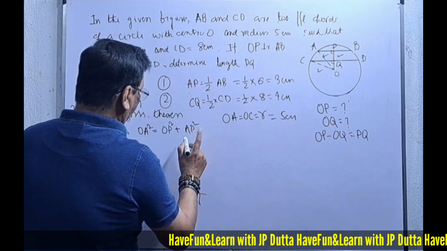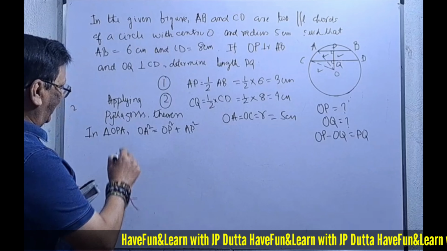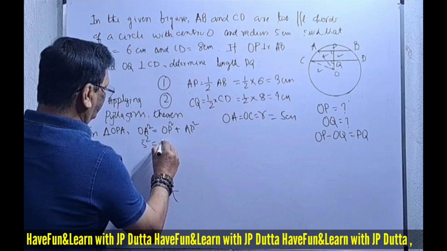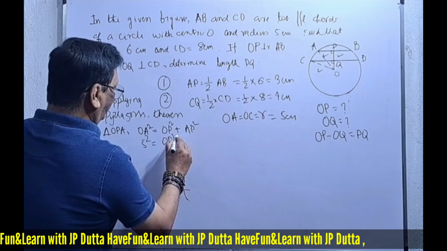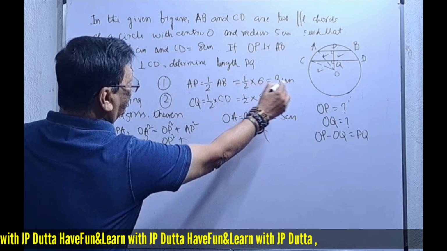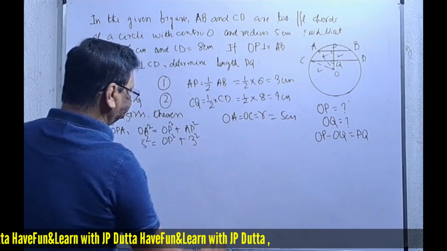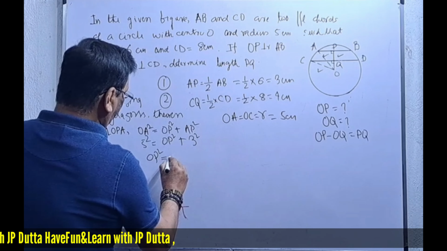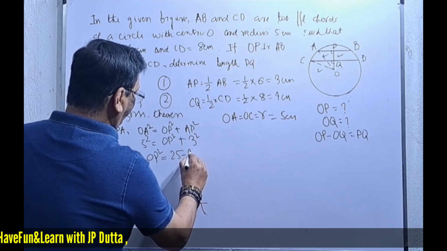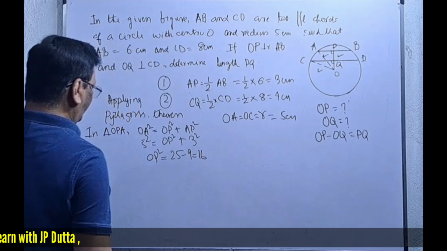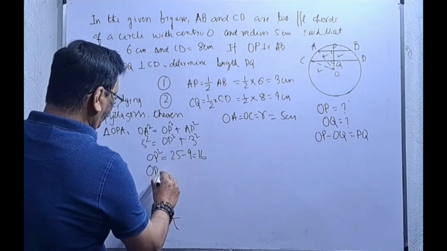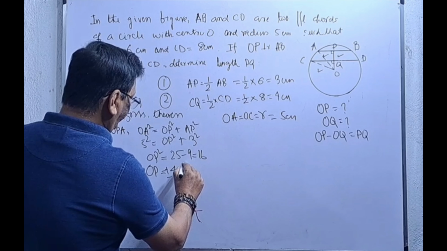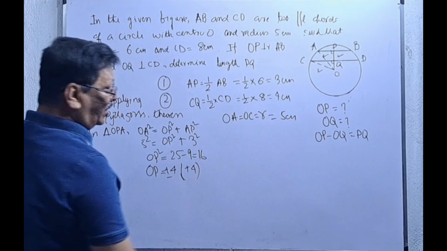Plugging in the values, 5 square is equal to OP square plus 3 square. So OP square is equal to 25 minus 9, which is 16. So OP is equal to plus minus 4, and we'll take plus 4 because it's a length.